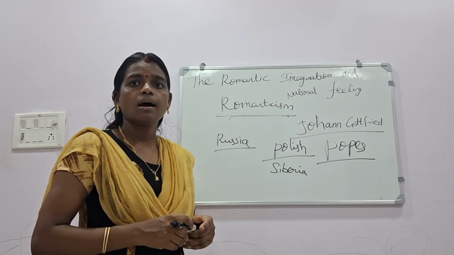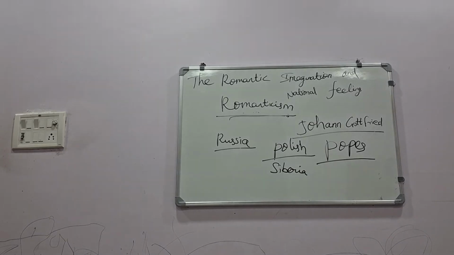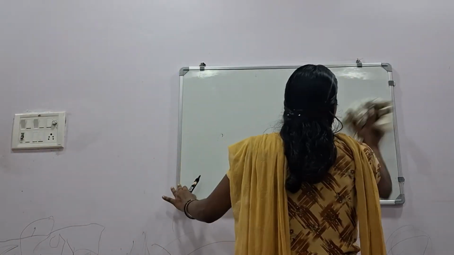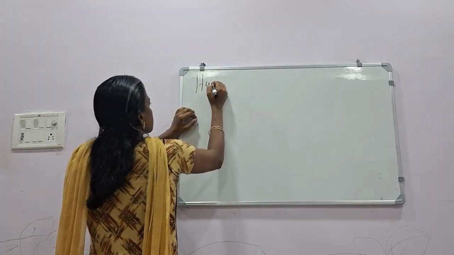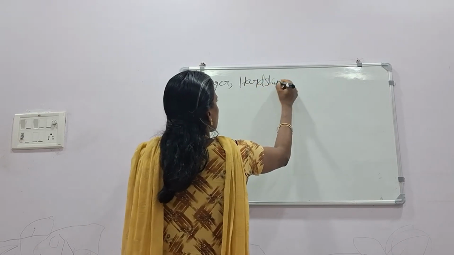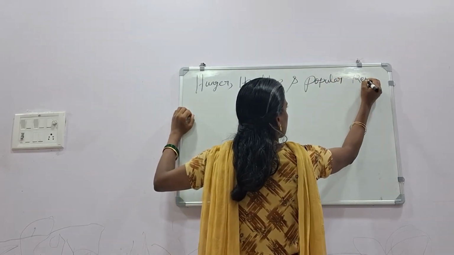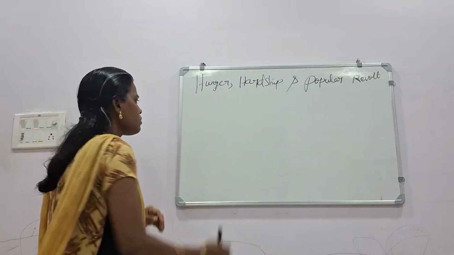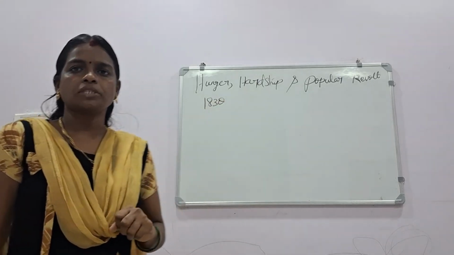The next one, hunger, hardship and popular revolt. In the 1830s, there was an increase of population in European countries.